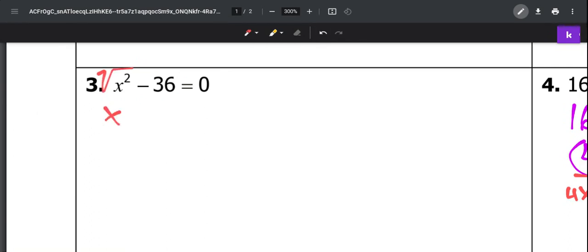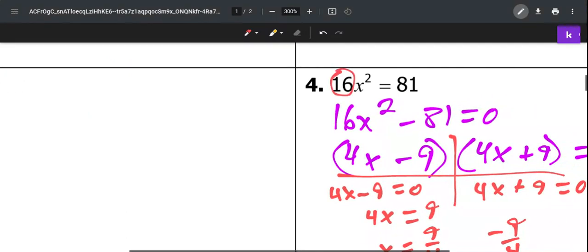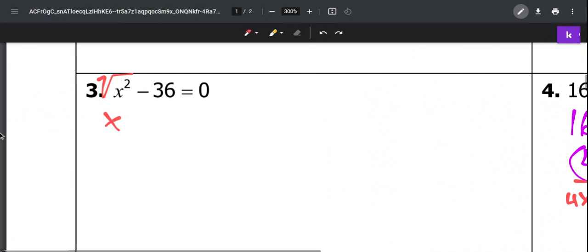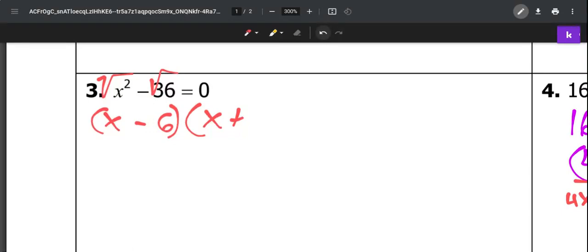If there's a number in front, like on number 4, there was a 16 in front, you just take the square root of that as well. Then we bring down the minus sign, take the square root of the second term, which would be 6. That's our first factor. Our second factor is the exact same, except now it's a plus sign. And then this one would be x equals 6, x equals negative 6.